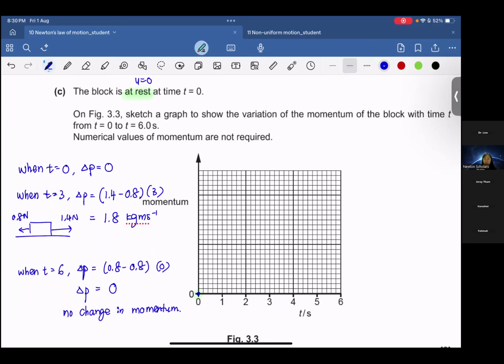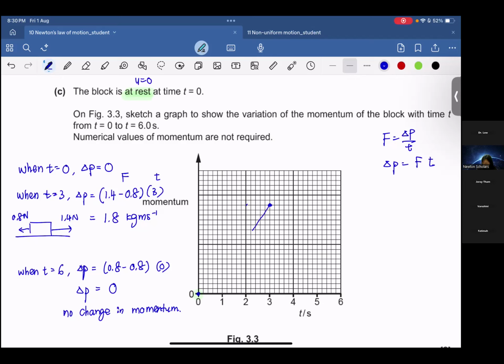After substituting the values into force equals change of momentum divided by time, the change of momentum is force times time. So I get 1.8 kg m per second. Roughly somewhere here, 3 seconds is somewhere here. Let's say 1.8 is here.